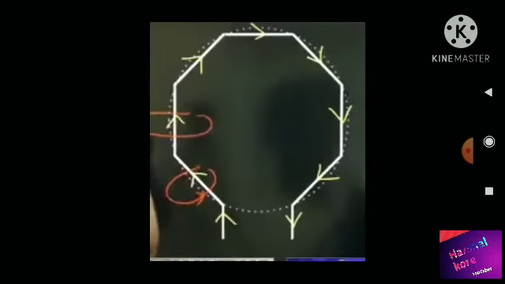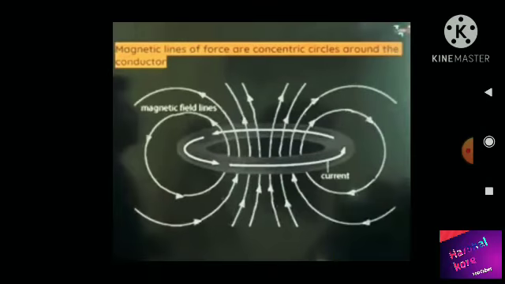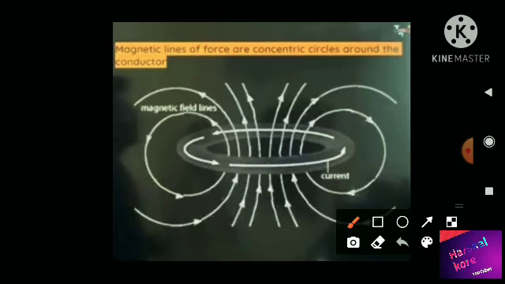What are its specific points? At the center of the current carrying loop, the magnetic field appears to be a straight line. Here they didn't show it, but it looks like a straight line at the center. The magnetic field produced by a current carrying wire at a given point depends directly on the current passing through it.